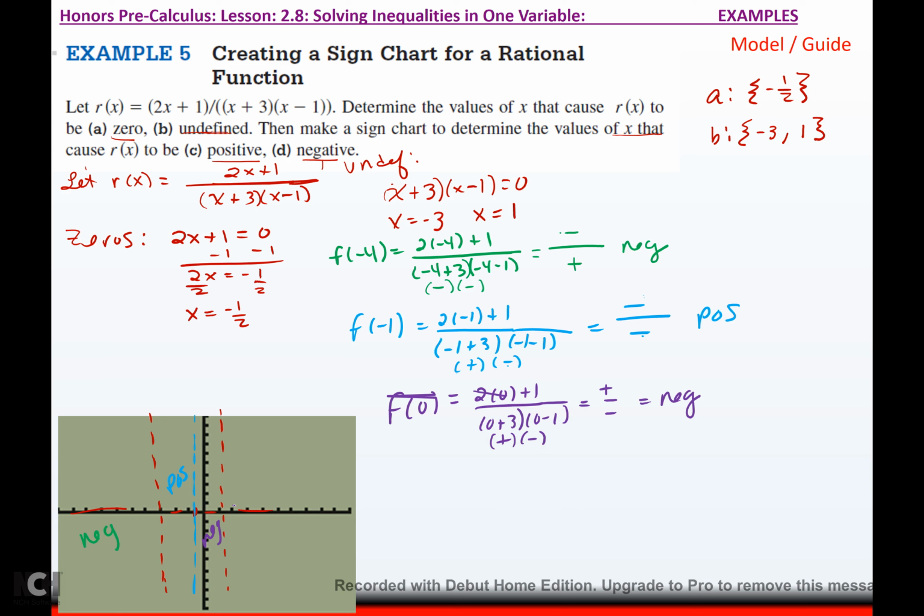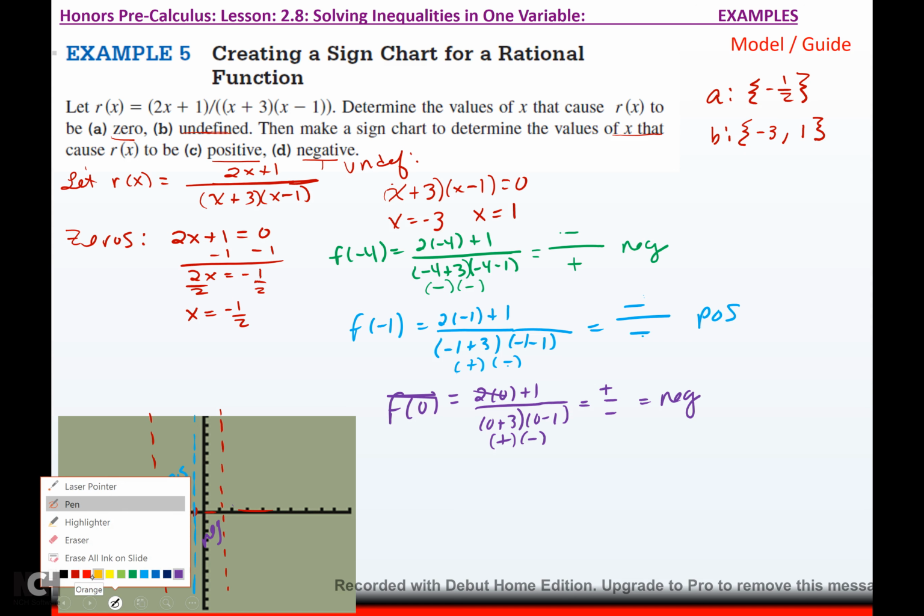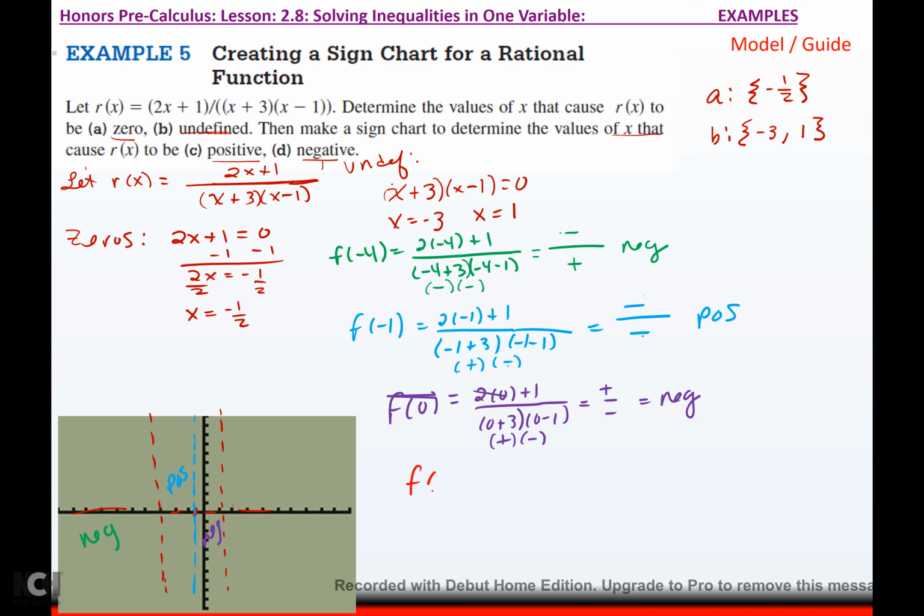Pick something out here. I'm going to pick 2. So f of 2, I would have 2 times 2 plus 1 over 2 plus 3, 2 minus 1. That's 4 plus 1 is positive, 2 plus 3 is positive, 2 minus 1 is positive. A positive divided by a positive is a positive.